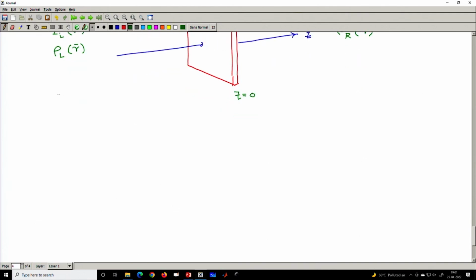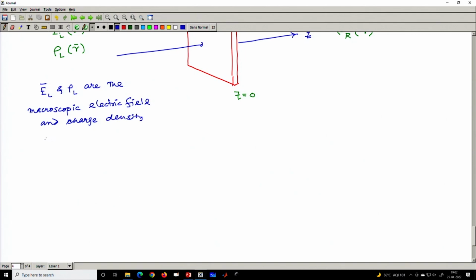Let me write clearly what I mean here. E L and rho L are the macroscopic electric field and charge density in the region L, that means the left side.